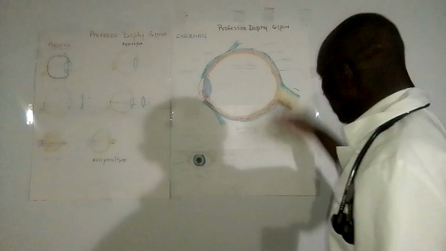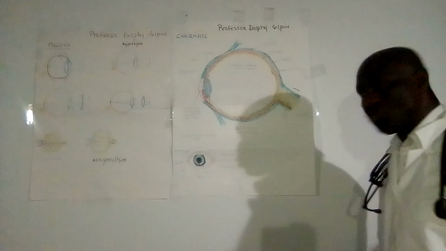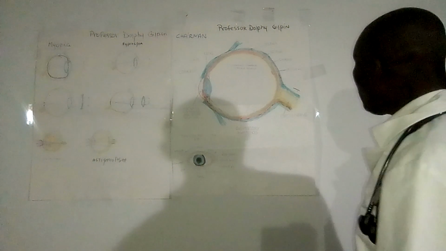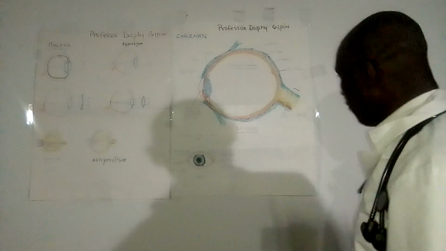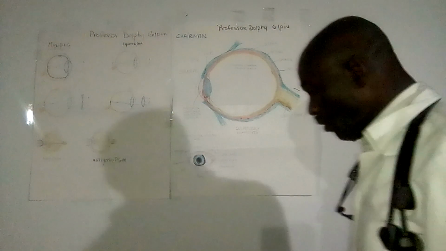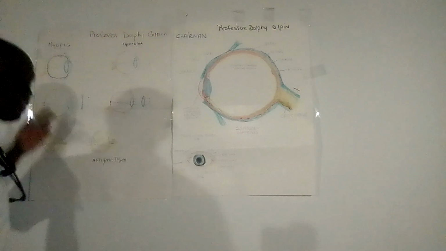The student is advised to take note and do a good job on the physiological function of the eye. Over here, we have the dimension of optics and optometrics.